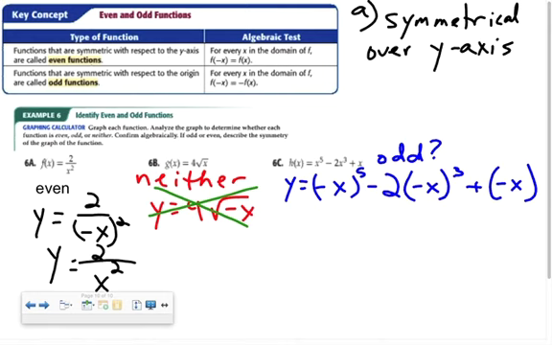So when I take that negative x to the 5th power now, I have negative x to the 5th. When I take this negative x to the 3rd power, I have negative x to the 3rd being multiplied by negative 2, so that's plus 2x to the 3rd. And this is minus x.